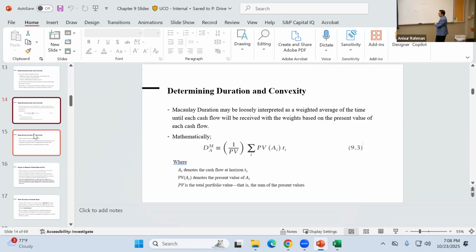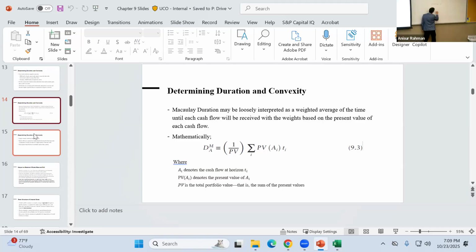Now, one over present value, right? We calculated the present value already, right? Now, within the summation, what we have here is present value of Ai times Ti.